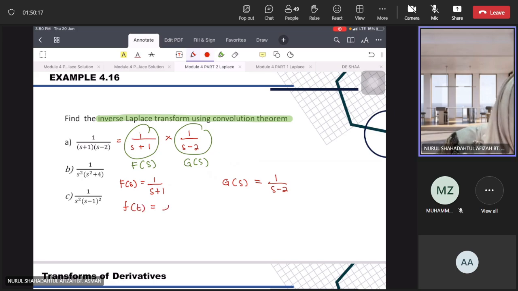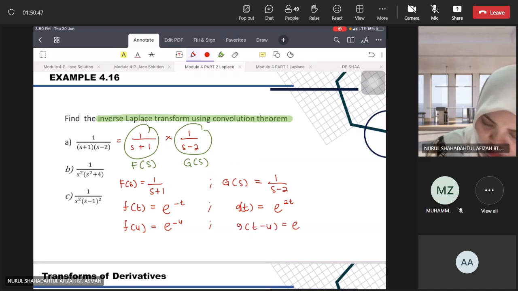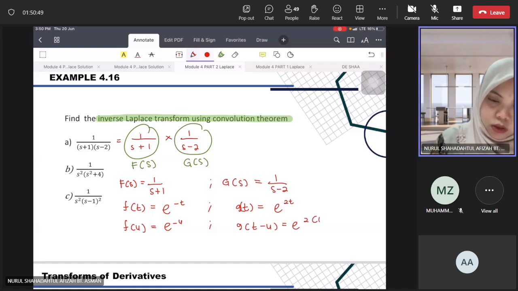So f(t) equals e to the negative t, g(t) equals e to the t.